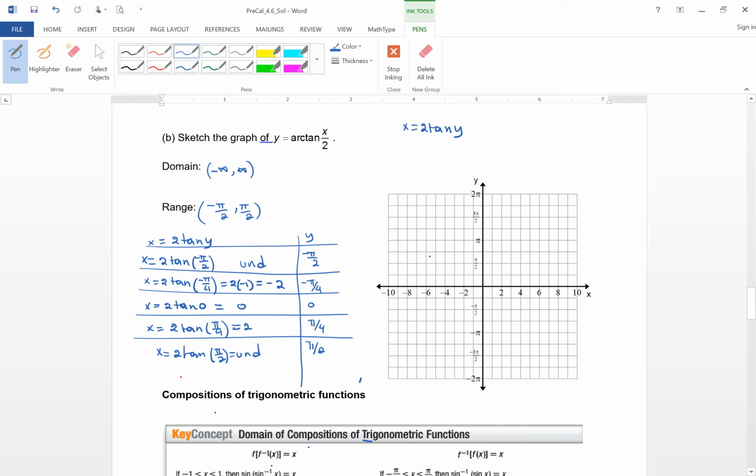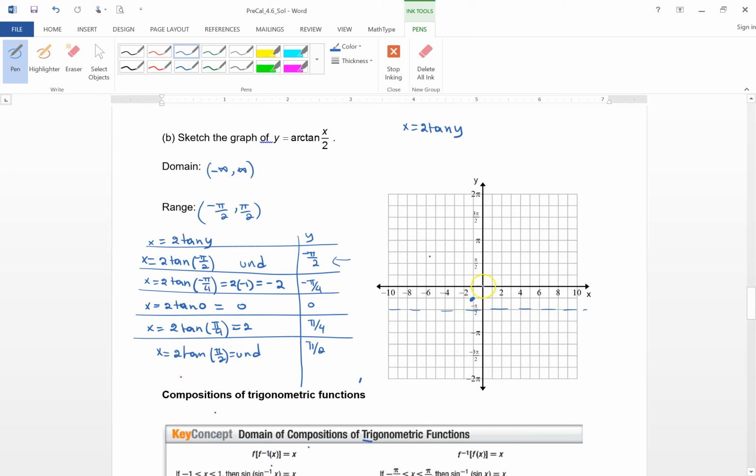So at y equals pi over 2 and negative pi over 2. Okay, so look at this one. y equals negative pi over 2 is here. x is undefined. There is no x because here we have an asymptote. Okay? So when y equals negative pi over 4, x is equal to negative 2 here.